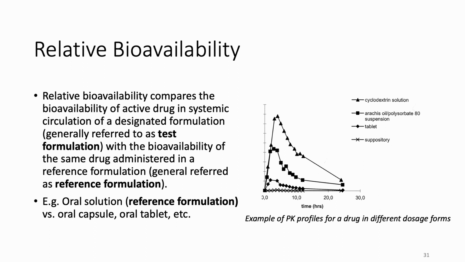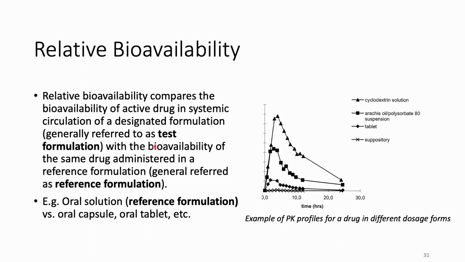The next is about relative bioavailability. Relative bioavailability compares the bioavailability of active drug in systemic circulation of a designated formulation, which we generally call the test formulation, with the bioavailability of the same drug administered in a reference formulation.